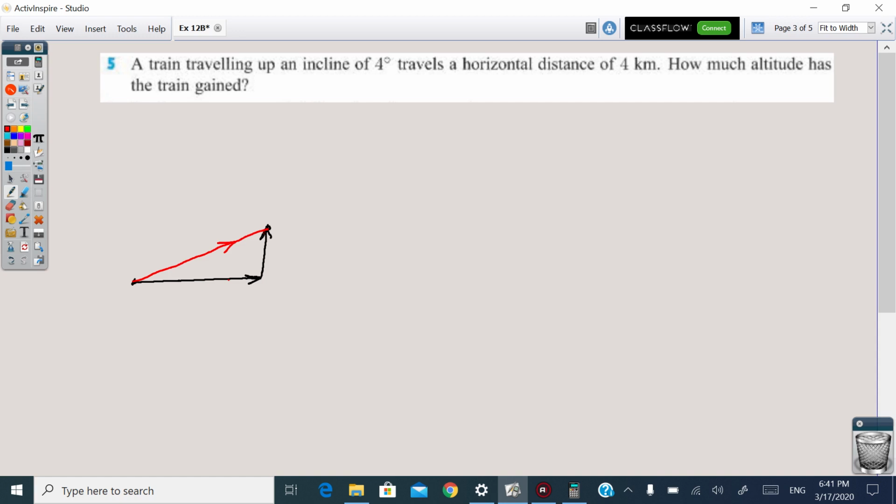So what we have is an incline of 4 degrees. There's like a ramp and the angle is 4 degrees. The train travels a horizontal distance. Now the train is going up the red line, but horizontally, the horizontal component of this journey is 4 kilometers.